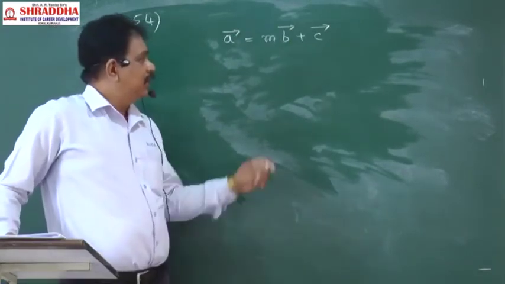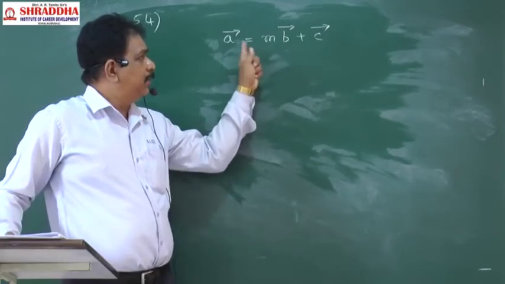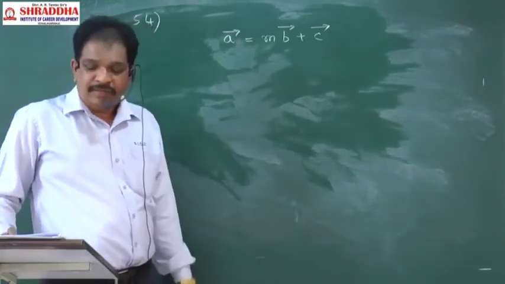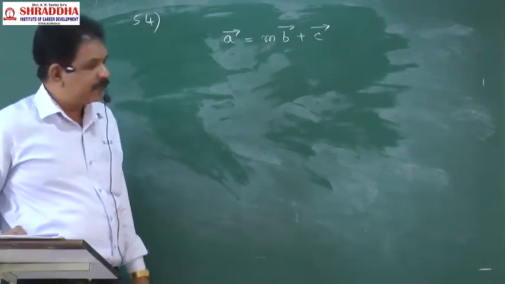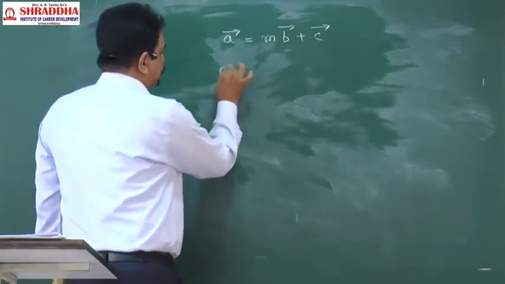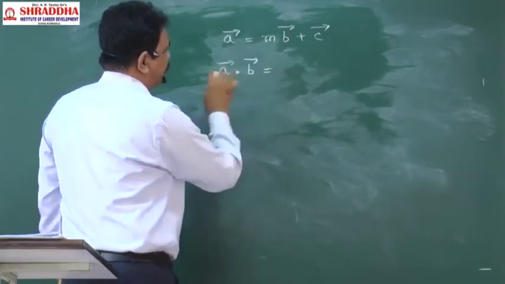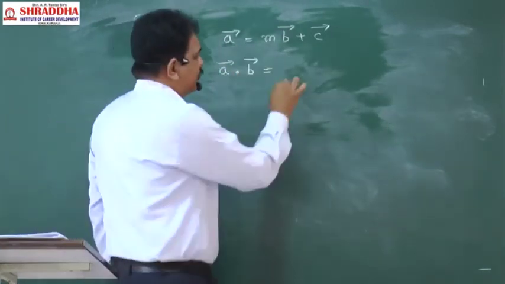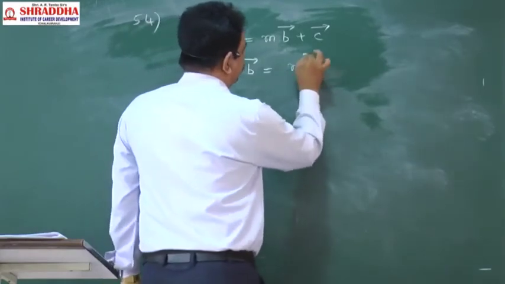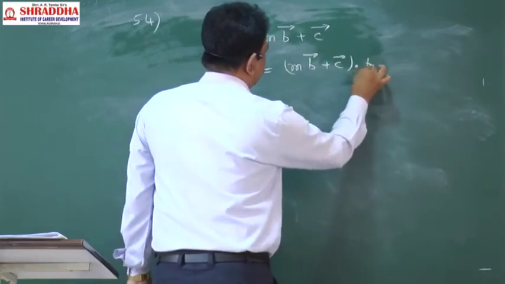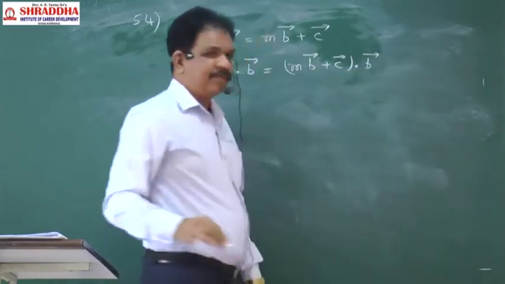We'll do one thing. We are doing the dot product with B bar on both sides. A bar dot B bar on this side, and on this side M into B bar plus C bar dot B bar.